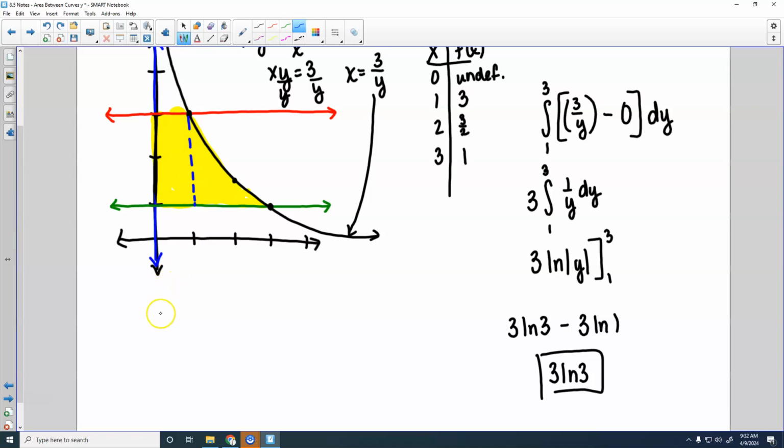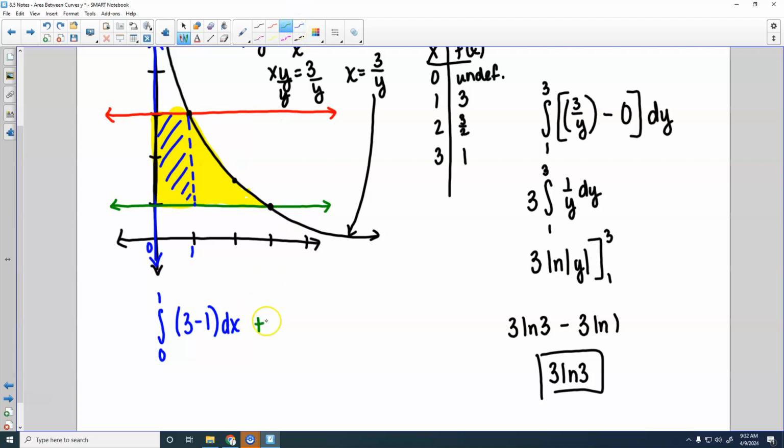So if you do it with x's, you got to integrate from 0 to 1, because that's 0 right here and 1 right here on your x-axis. You would do top function, which is 3, minus bottom function, which is 1, dx. This blue right here would be this area right here.